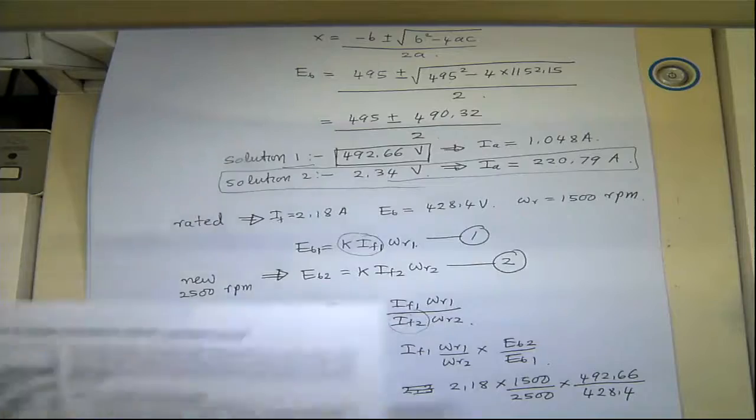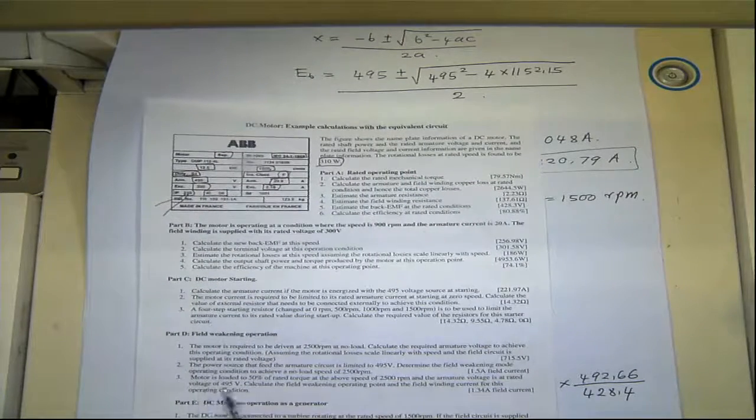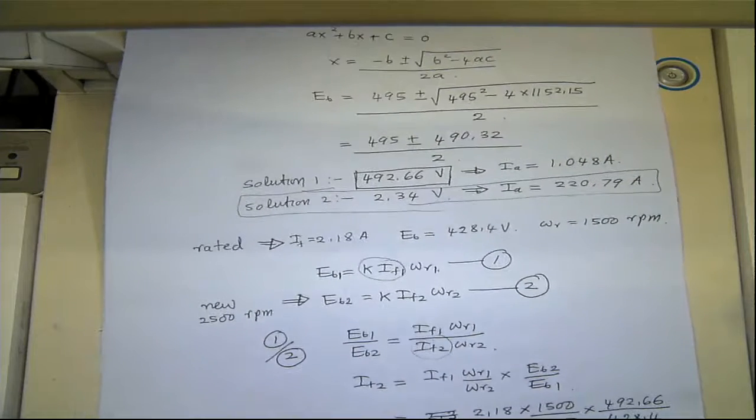So the third part of that is the loaded condition. The motor is loaded to 50% of the rated torque at the above speed of 2,500 RPM, and the armature voltage is at the rated voltage of 495. Calculate the field weakening operating point and the field winding current for this operating condition. So the calculation is fairly similar to this one, but now it's delivering some load as well.